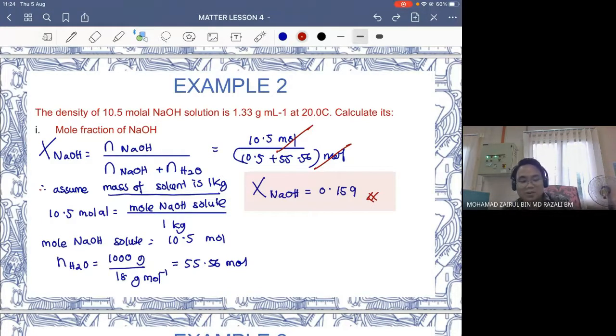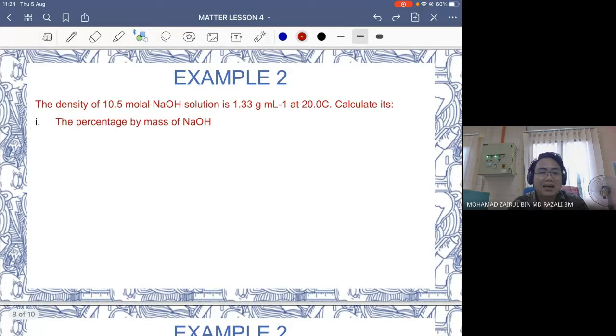Okay, so second part of the question ask you to calculate the percentage by mass of NaOH. Okay, so we write down the equation first.